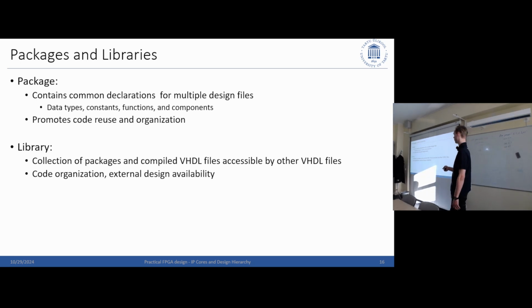Also very useful for highly optimized code, because I can spend a lot of time optimizing it, then I can reuse it. I can make different versions of this for logic utilization, for timing optimization, so I can play around there a lot. And then, of course, the obvious is that a library consists of multiple packages, and that would be the way you facilitate the packages overall, and then you can just load them into your project.